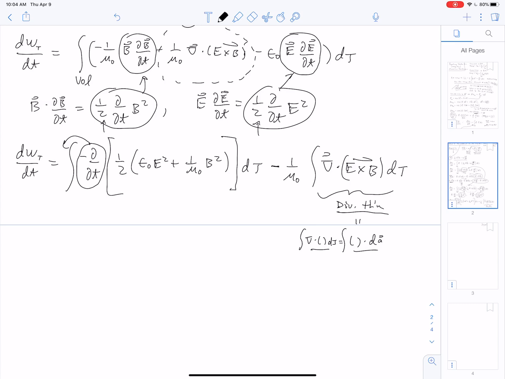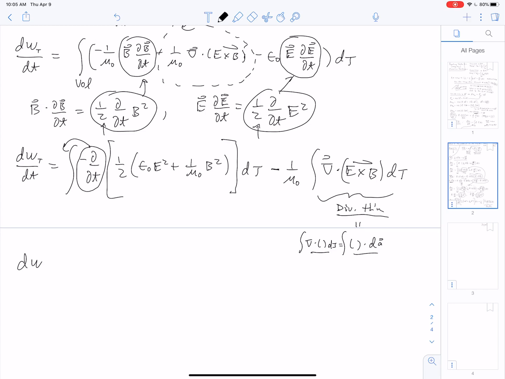So that allows us to then rewrite the work per time exerted on the charge distribution by the electromagnetic field. It looks like this.